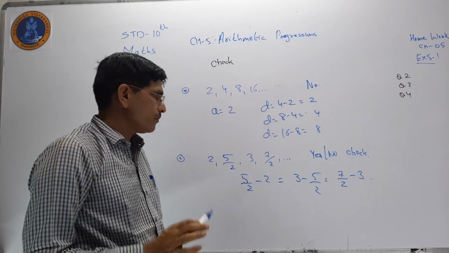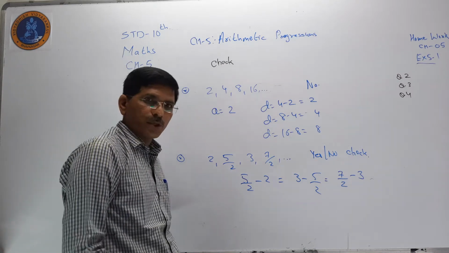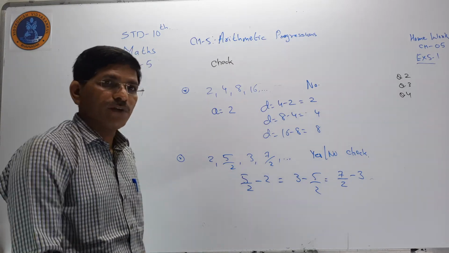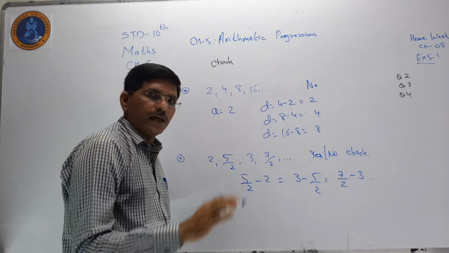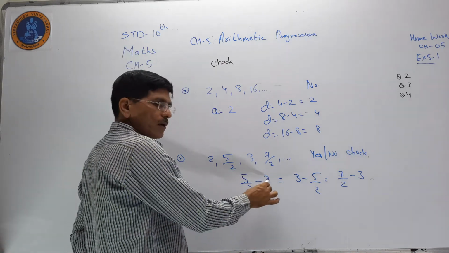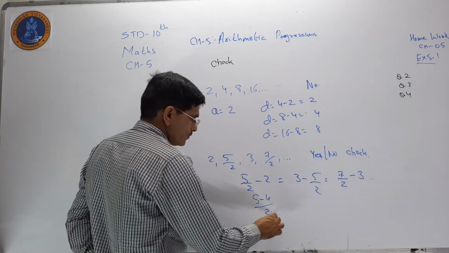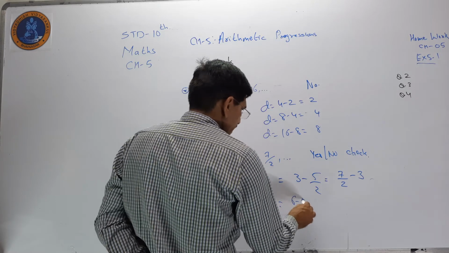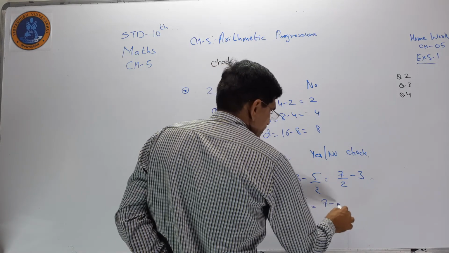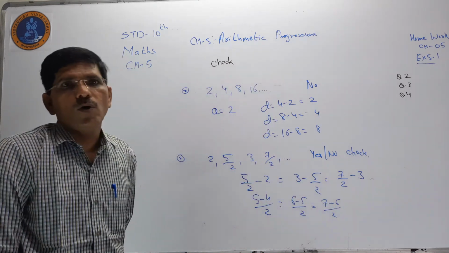If every time it is the same, then we can say yes. 5 minus 4 upon 2, 6 minus 5 upon 2, 7 minus 6 upon 2. So every time it is 1 by 2, 1 by 2, 1 by 2.